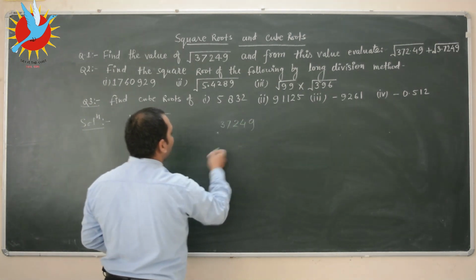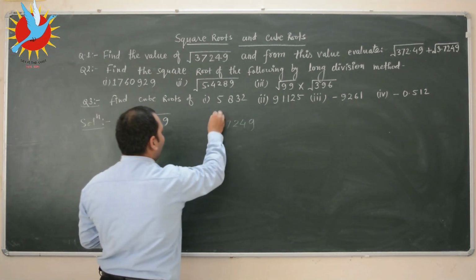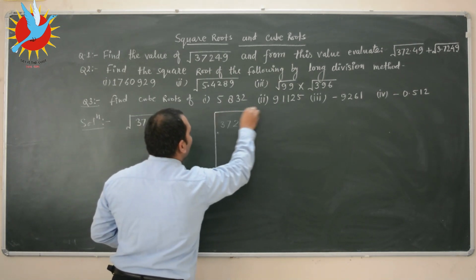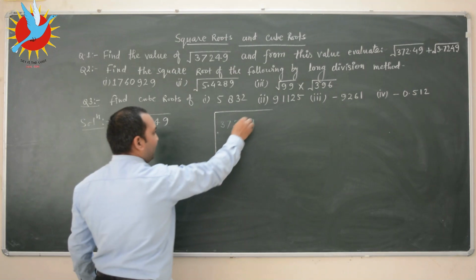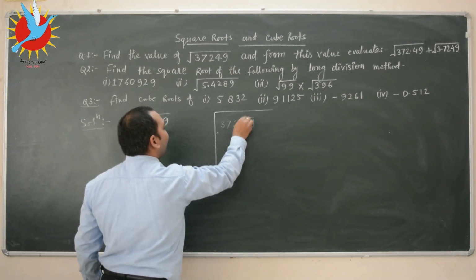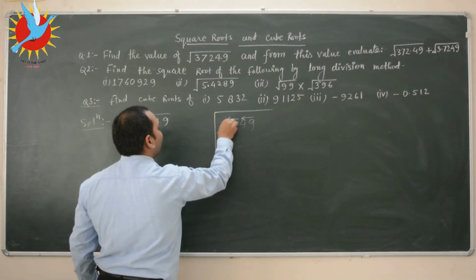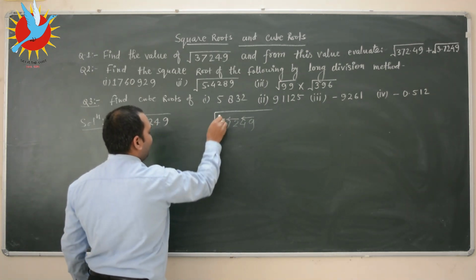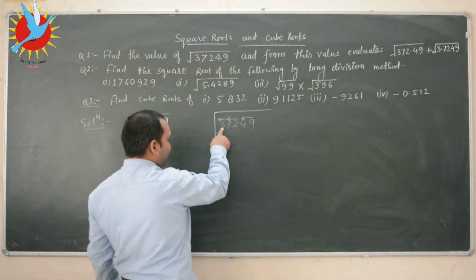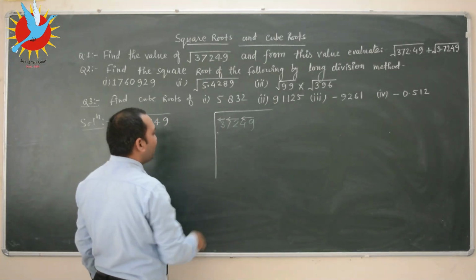Here we make pairs from right to left: one pair, two pair, and three pair. The last, fifth digit is unpaired.